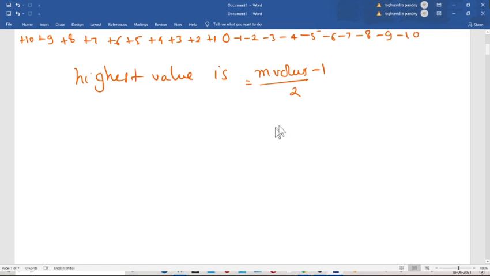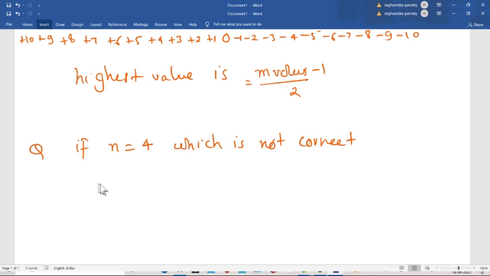Now, last, let's take another question because it will help you. If N is equal to 4, which is not correct? Option A: L is equal to 2.